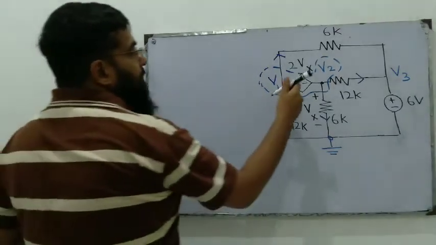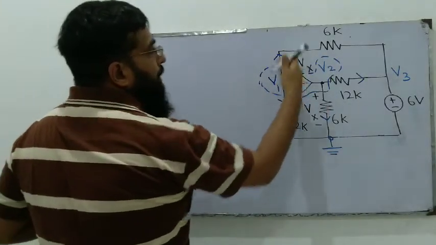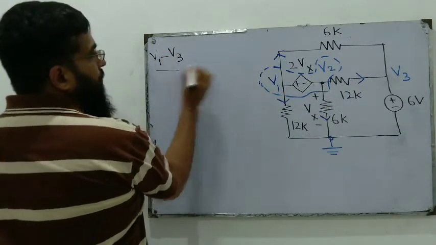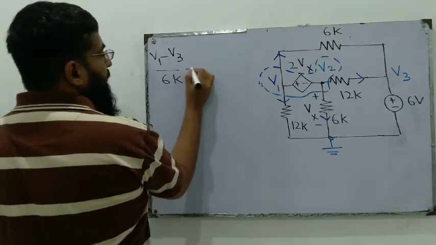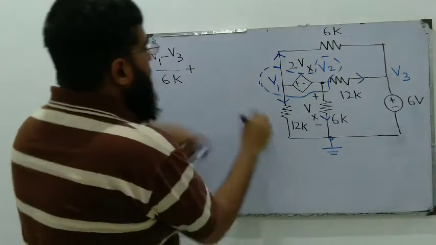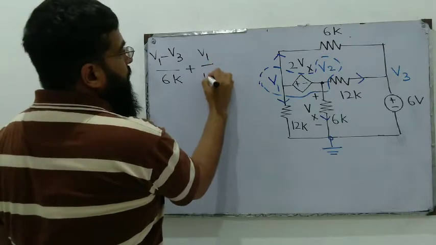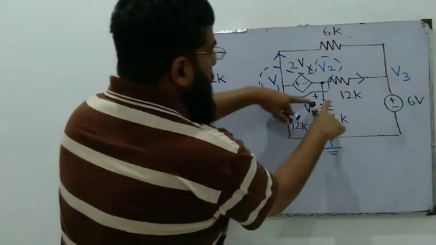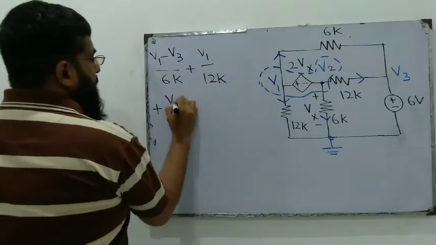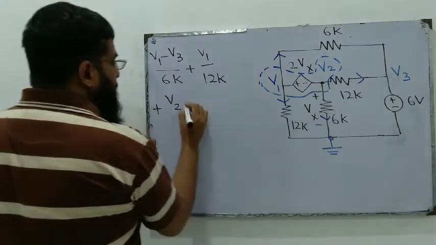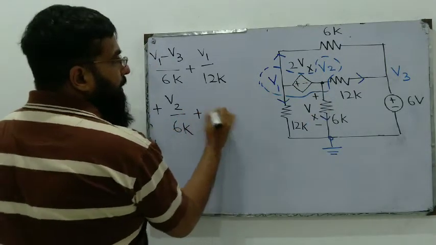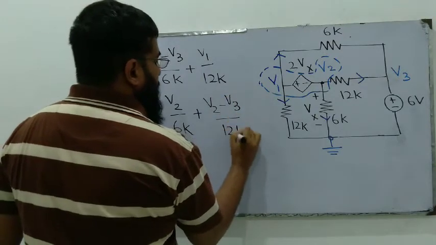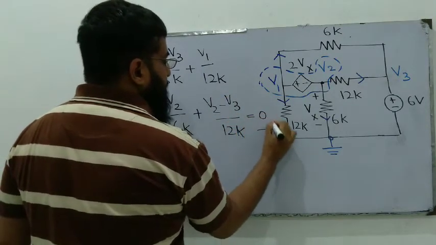The KCL equation for this supernode is: the current going this way is (V1 minus V3) over the resistance 6K, plus the current going this way is (V1 minus 0) over 12K, plus the current going this way, the voltage on this side of the cloud, is V2 over 6K, plus the current going this way is (V2 minus V3) over 12K, is equal to 0.